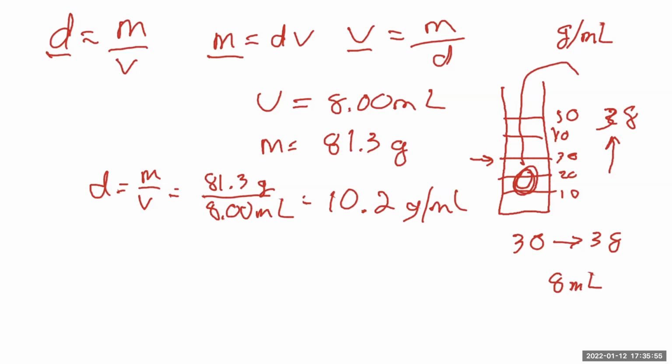Let's say we have a mass of copper, copper wiring. Copper has a density of 8.96.